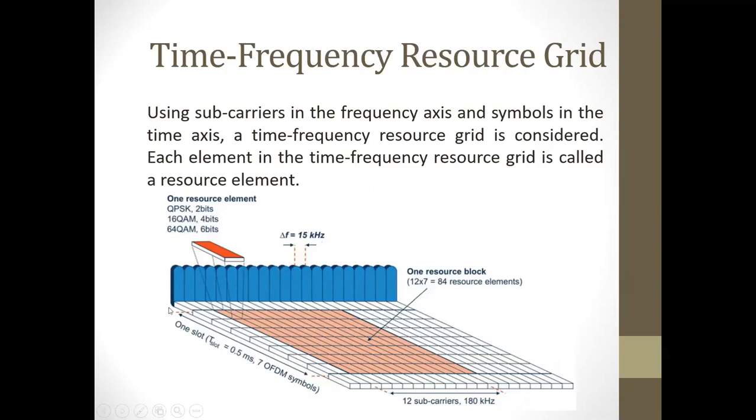Like you see, symbols are transmitted, say here, at this symbol period. You transmit symbols on all the subcarriers together. You have synchronous modulation and transmission for all the subcarriers.